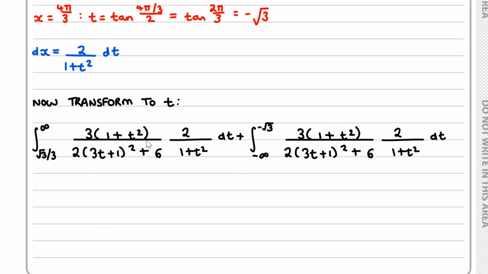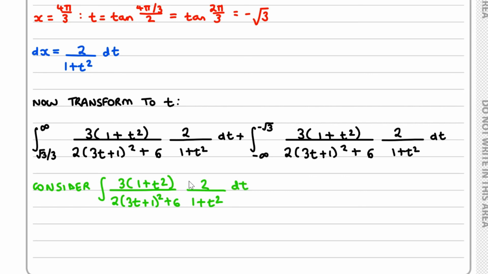Now what we'll do is we'll consider this integrand, so let's consider the integral of 3 lots of 1 plus t squared over 2 lots of 3t plus 1 all squared plus 6 multiplied by 2 over 1 plus t squared dt.